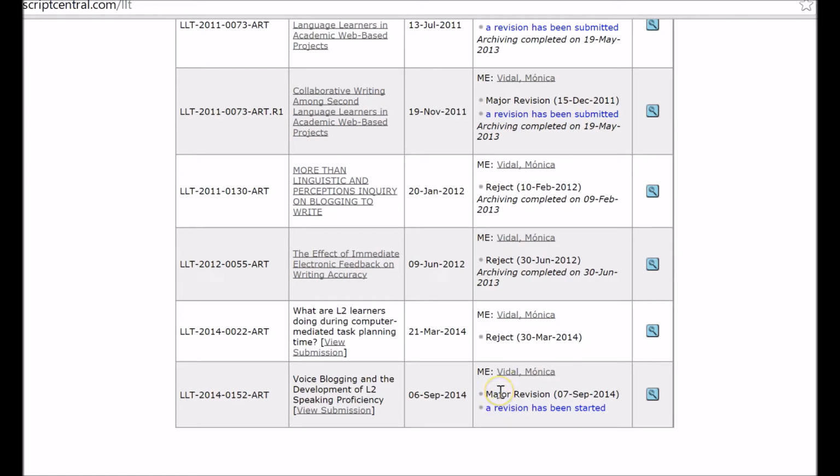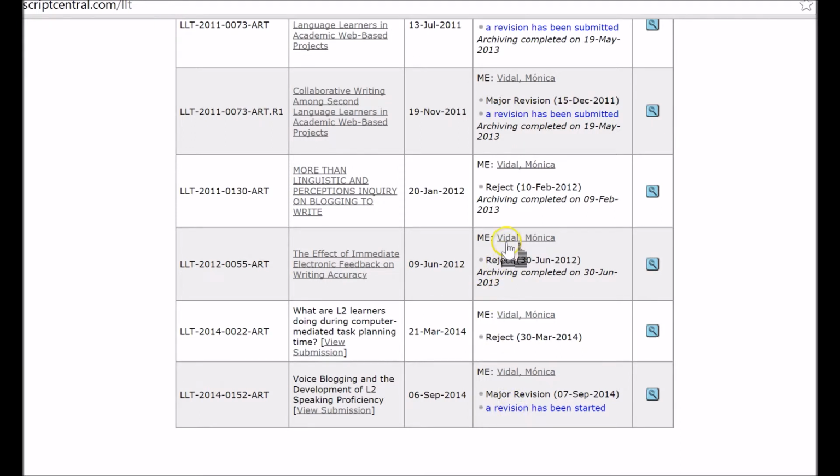And so usually they ask the authors, are you going to submit a revision or not? And I think I mentioned they had given the authors till January to get the resubmission in. So I guess it says here, the author did agree to submit the paper.